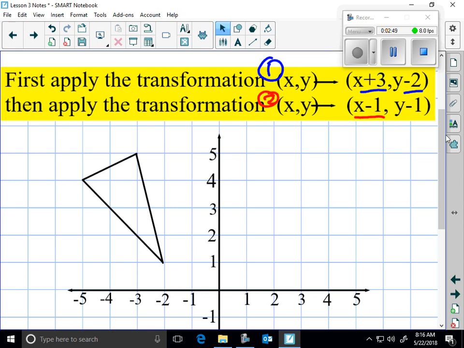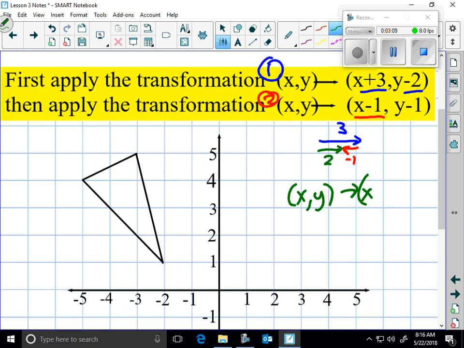Okay, so just take our first transformation. I went right 3, and then I went left 1 in the second transformation. What would our composition be? What would this be? 2. So our transformation in the x direction would be x plus 2.